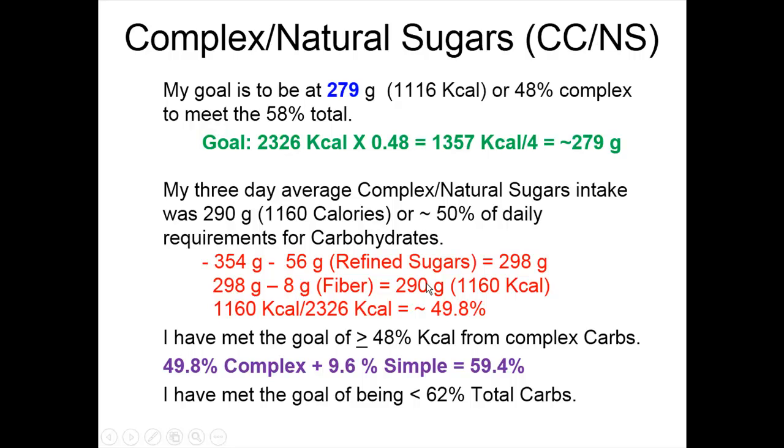So we subtract out the fiber, which gives us 290 grams of complex. So if we take 290 grams times 4, we would get about 1160. So we take 1160 divided by our total calories, and we get about 49.8 or 50%. So I basically met my goal. I don't have to make any changes in my complex because I've met the goal.